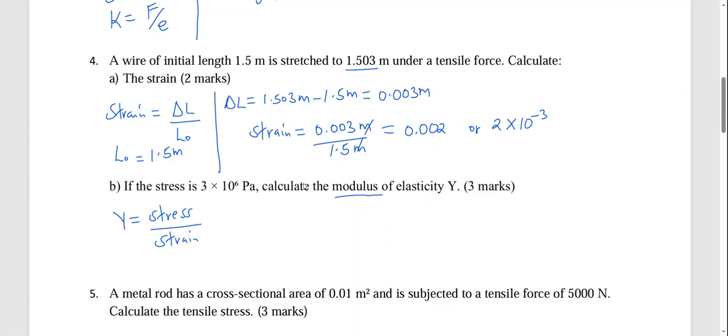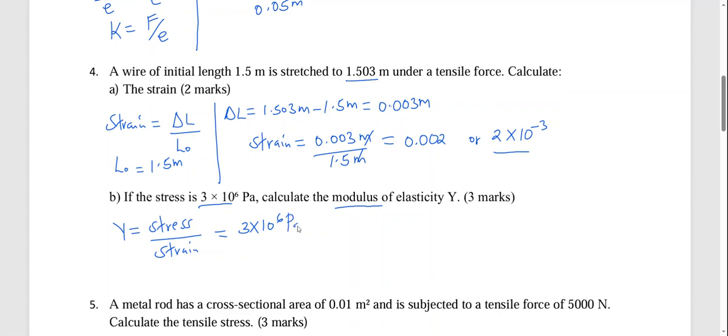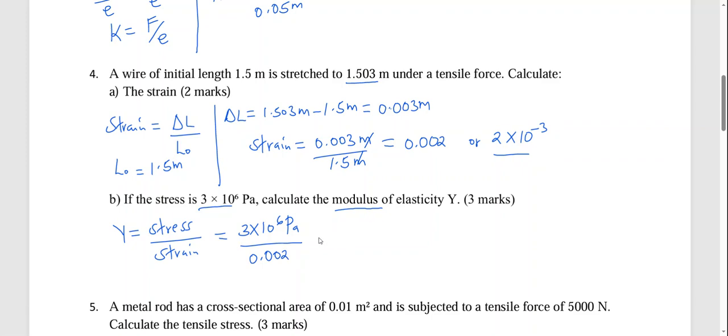And in our previous question, we've had our strain as 0.002 and our stress is given in our question here. Therefore, we can insert in our formula. This is what we'll have: 3 times 10 raised to power of 6 Pascal all over 0.002. This will result to this answer.